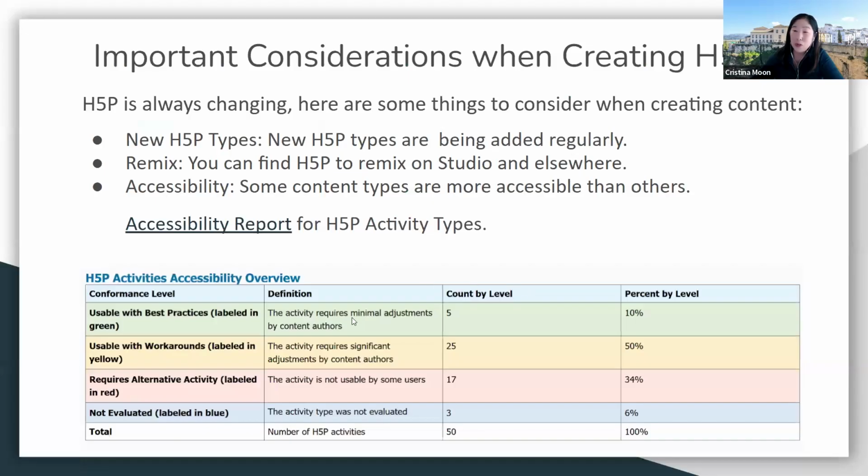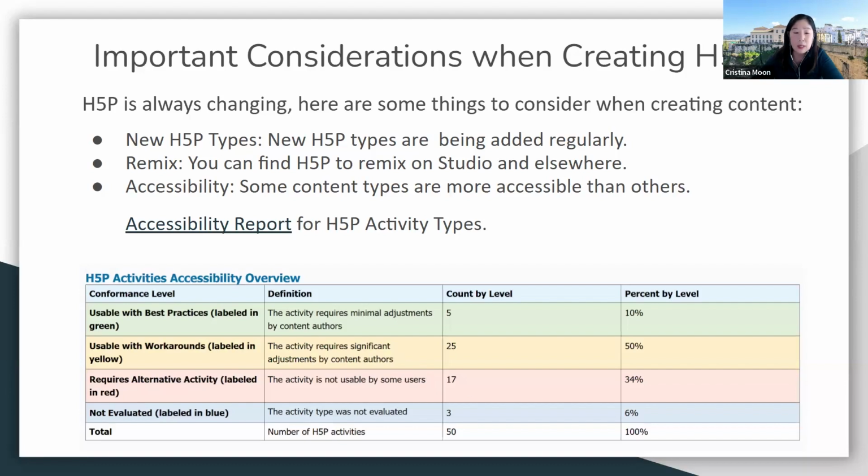Only 5 are fully accessible, a grand majority need a workaround, and some are totally not accessible. But there are workarounds and alternatives for the ones in red, if you are using them in ADAPT, for example.